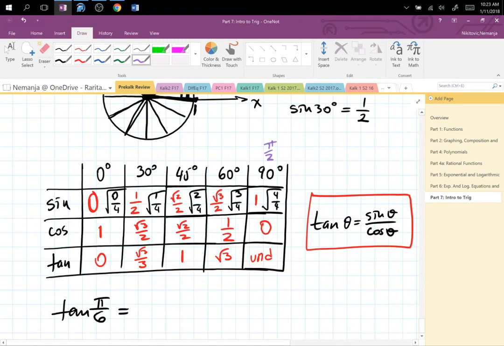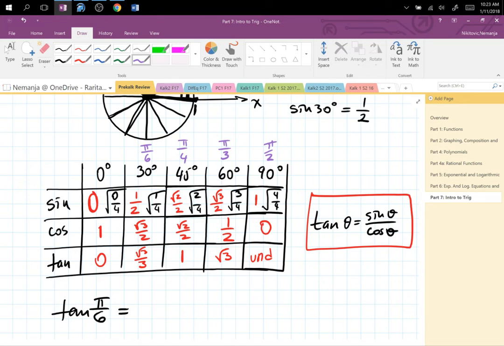So this is the way the pi's work. You start at 90 and you go 2, 3, 4, skip 5, 6. I don't know if that helps, but 2, 3, 4, skip 5, 6. You know that 90 is pi over 2, so 2, 3, 4, skip 5, 6.